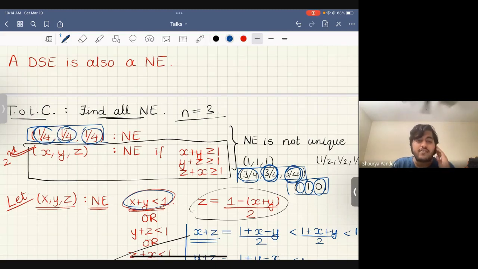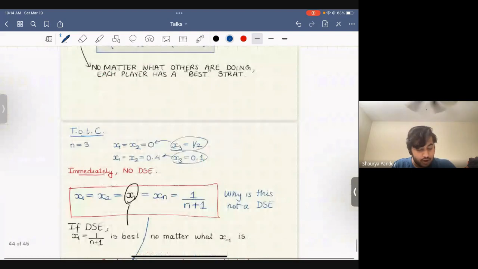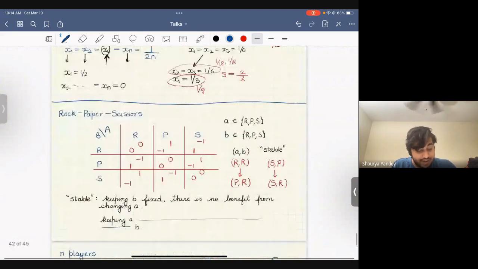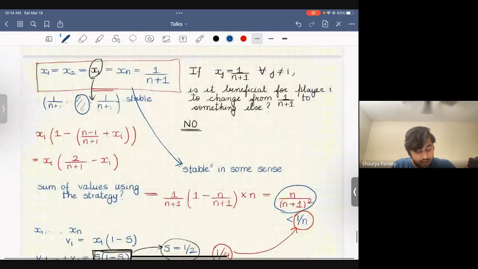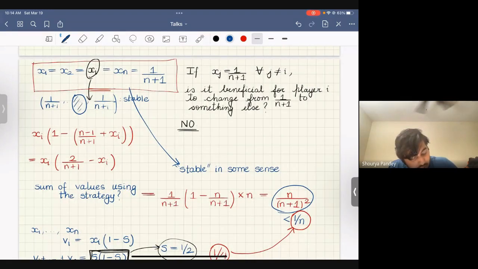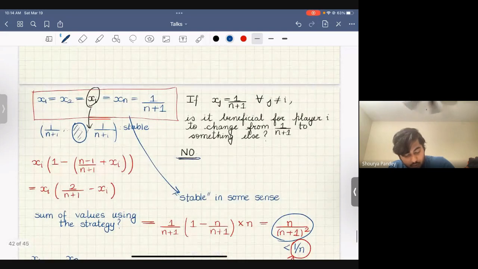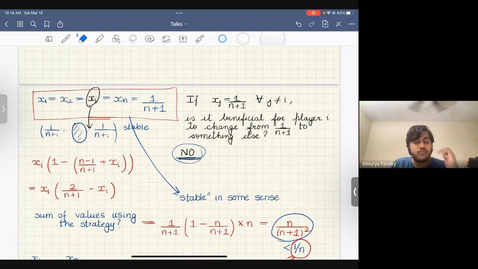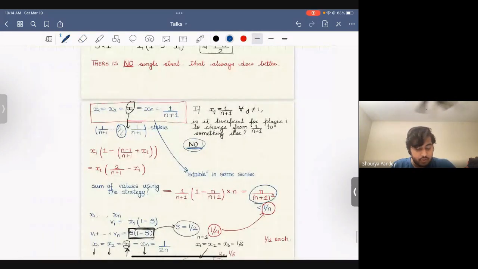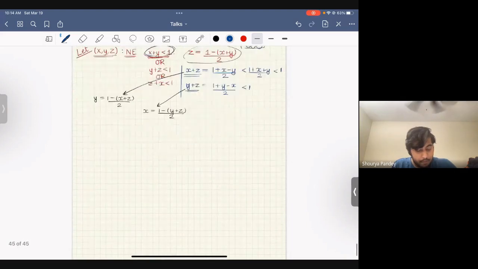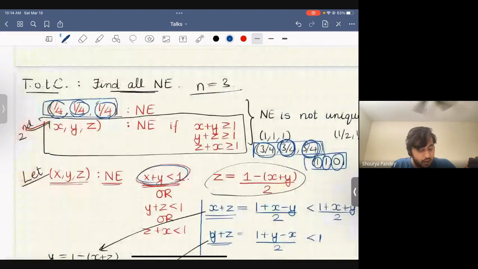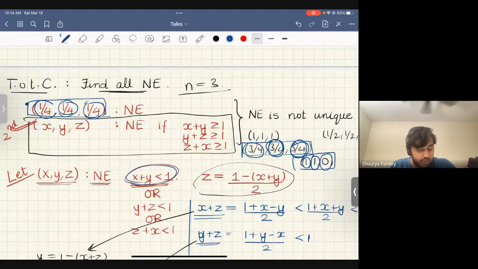We proved that it's an actual equilibrium before. We said that if these remain the same, then is it beneficial for player I to change? And we said no. And so we proved that this is a Nash equilibrium. So in some sense, this is a better Nash equilibrium than this.